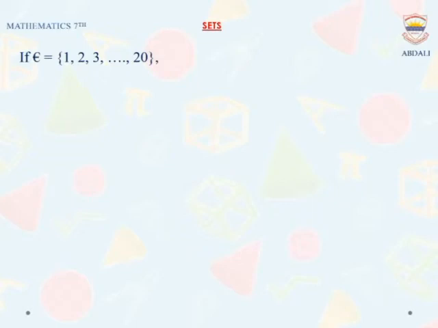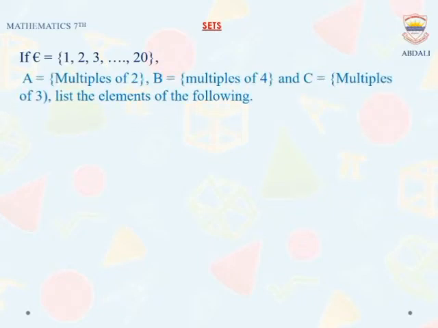So if the universal set has all the elements till 20, set A contains multiples of 2, set B contains multiples of 4 and set C contains multiples of 3. List the elements of the following.